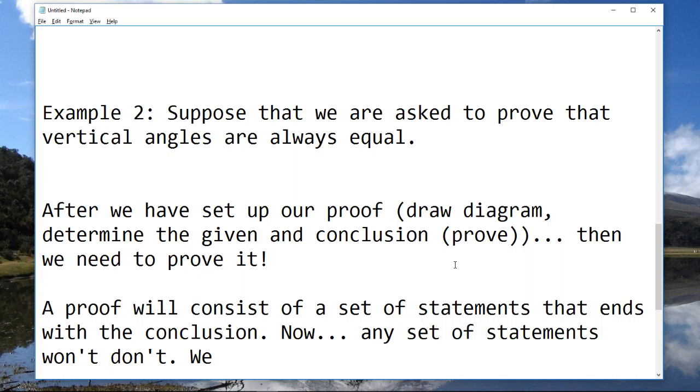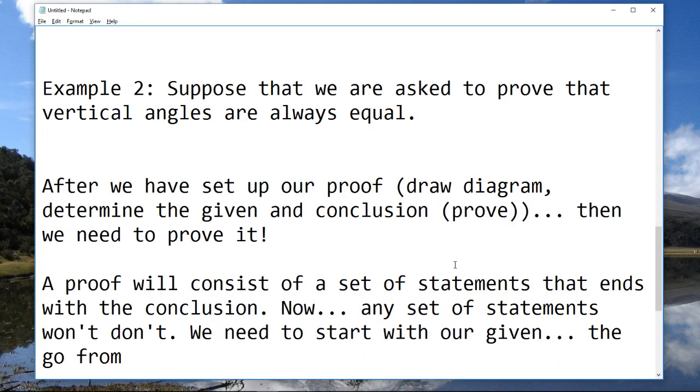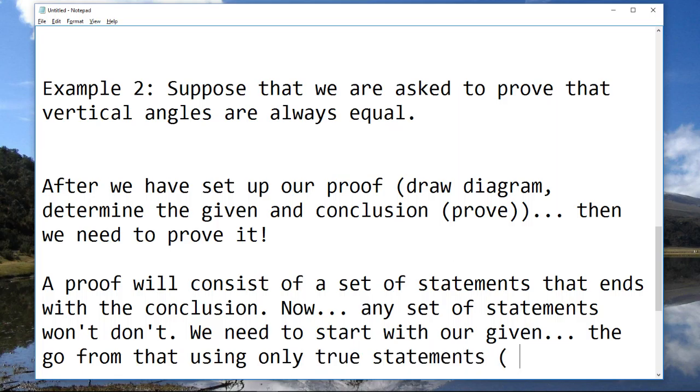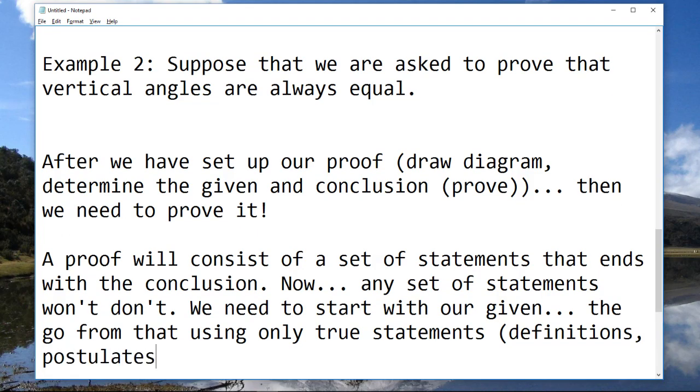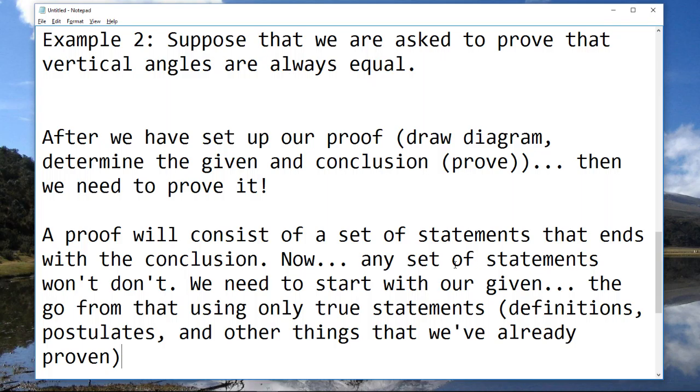We need to start with our given, then go from that using only true statements, which come from our definitions, our postulates, and other things that we've already proven. So I start out with a given, and then I use definitions, postulates, and other things that I've already proven, and I just keep going along a trail until I get to my conclusion.